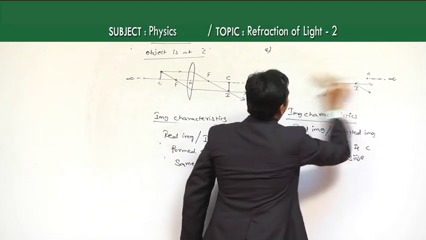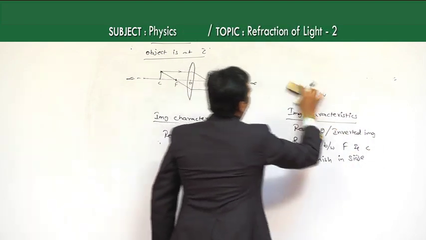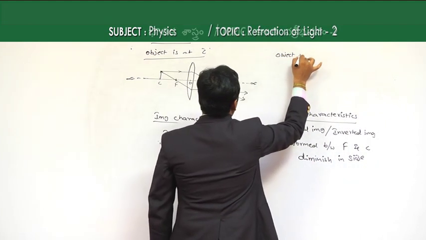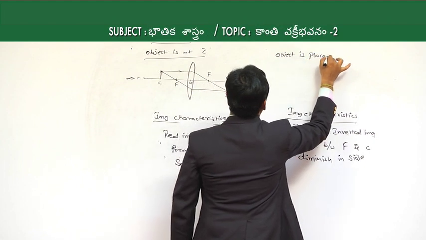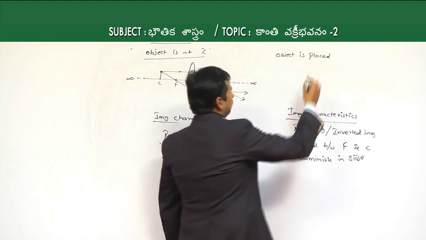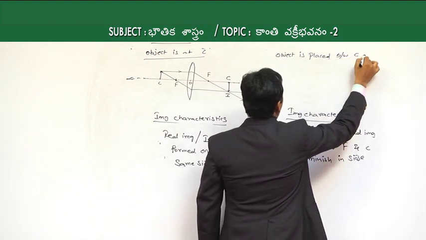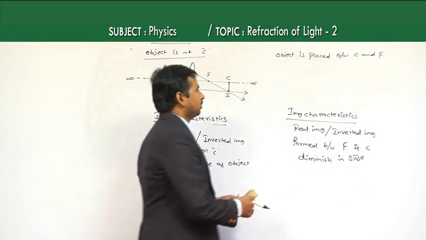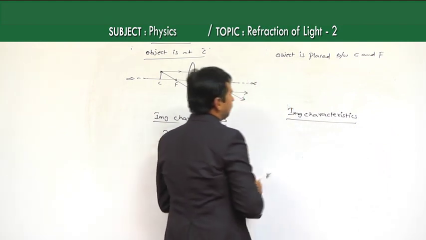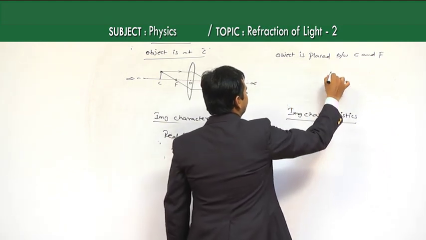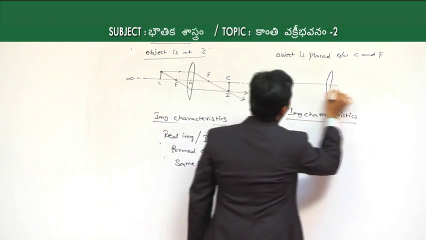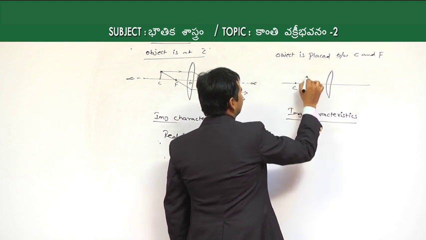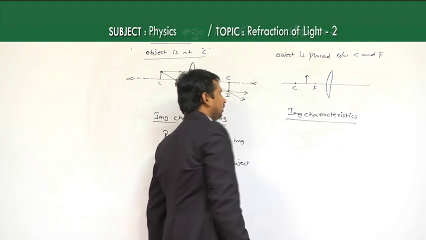So, now we are taking the fourth case where the object is placed in between C and F. Again, if you see the object here, as it is coming a bit closer, let us suppose this is F and here we have C, and the object is taken now in between C and F, like this.